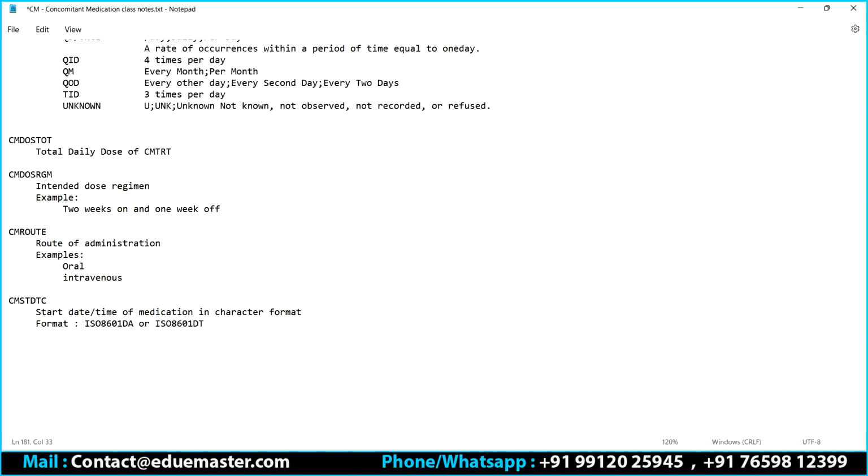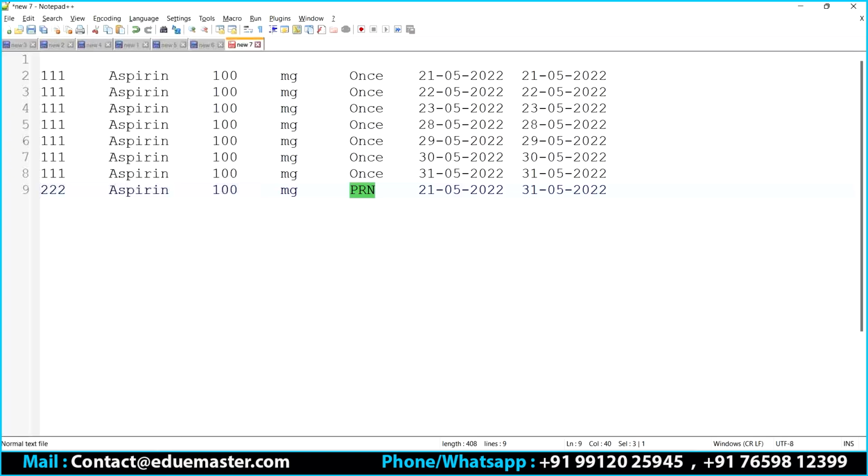Correct? Either it is going to be a timestamp or only the date. If it is a start one, then there is going to be an end date as well. So end date and time of your medication in the character format remains the same. Can you see this? So the patient started taking this on a daily basis. So here the start date and time as well as your end date and time remain the same. Correct? Yes or no? All right.